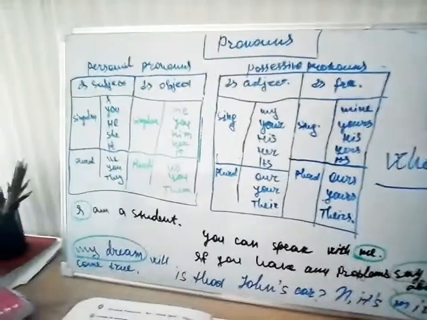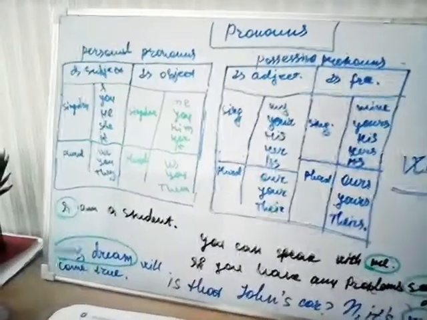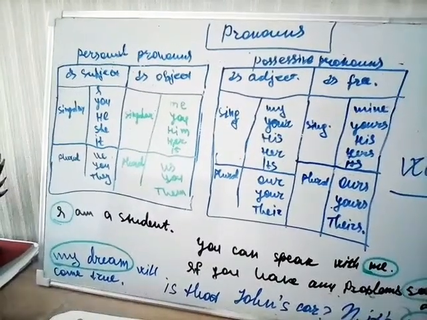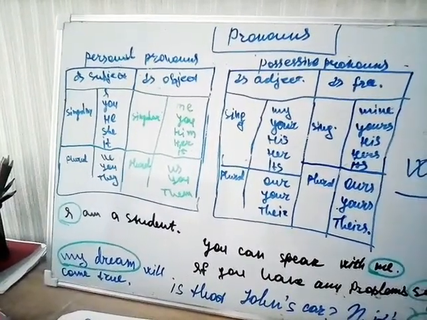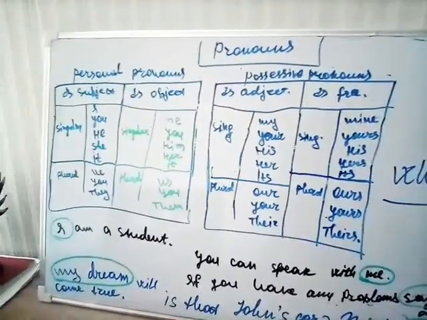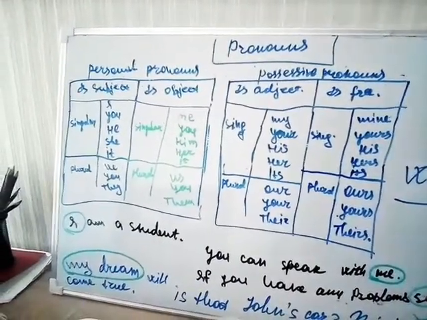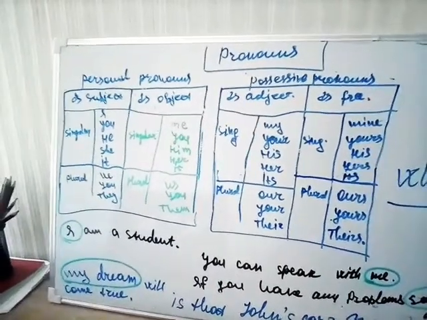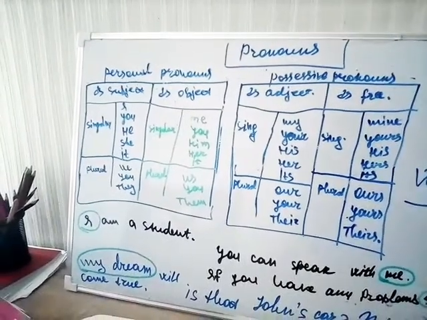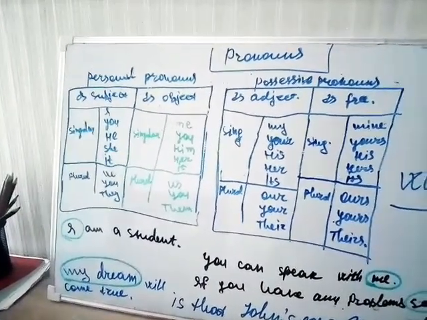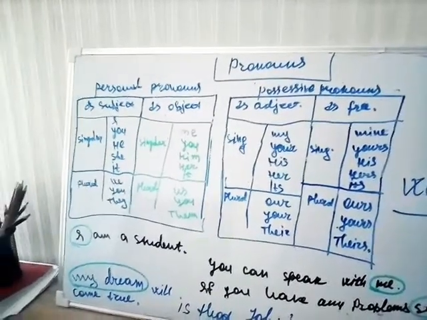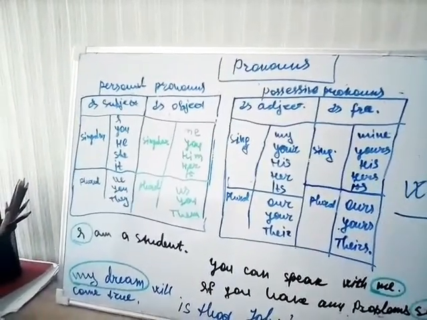Why do we call them subject pronouns? Because we use them at the beginning of sentences, and we complete them with verbs. What does that mean? It means that we use them at the beginning of the sentence, and after them we must use a verb.